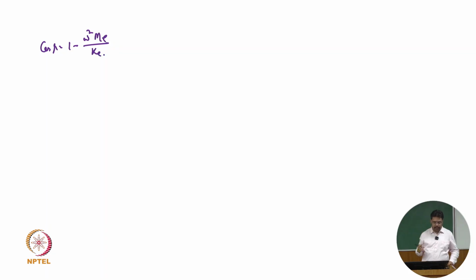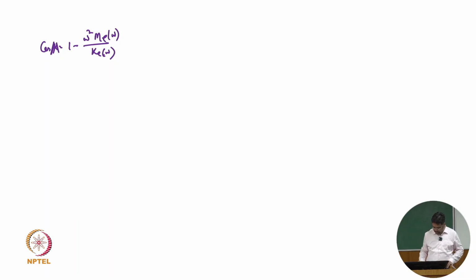Me is the effective mass and ke is the effective stiffness. So we can write our dispersion relationship this way as well: cos mu equal to 1 minus omega square me divided by ke. Here me and ke are both functions of omega.